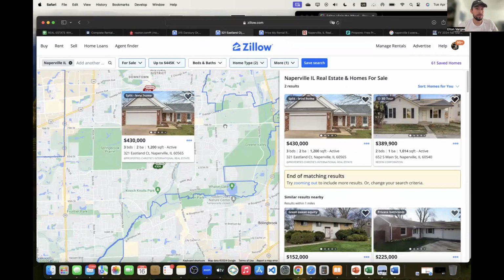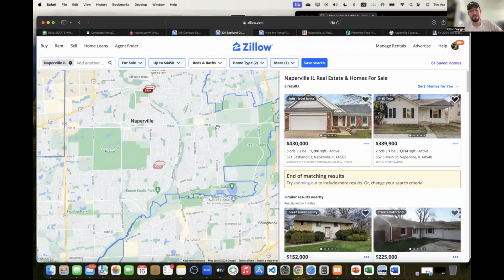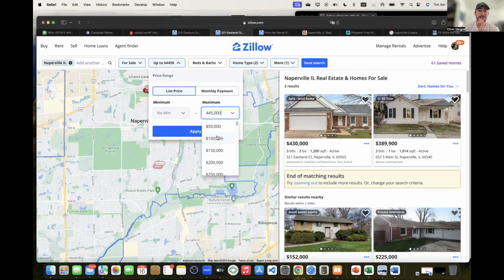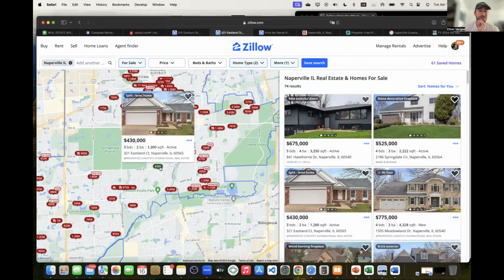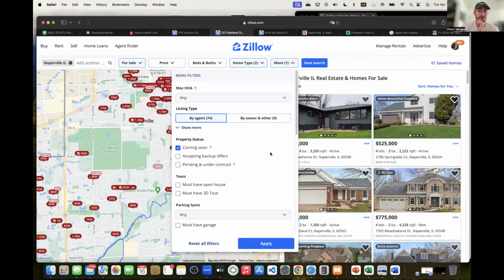And so, just what we learned from Naperville, Illinois, is a lot of the properties are good rentals. They're in great condition, and they could be good rentals. It's just that the numbers really have to make sense. Something I want to do is look at how much a property is going for in this area based on the 1200 square foot.